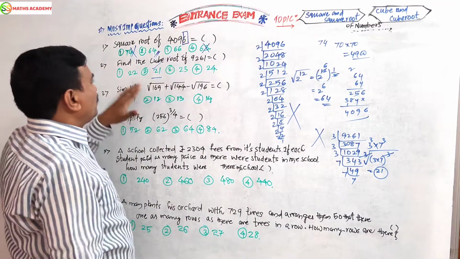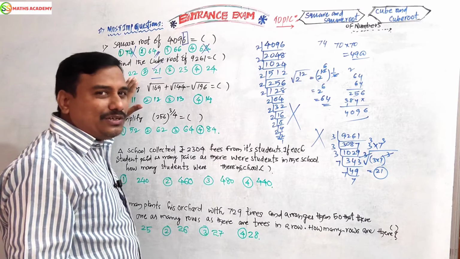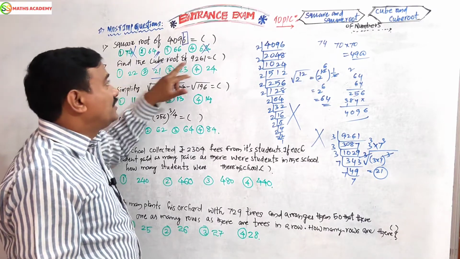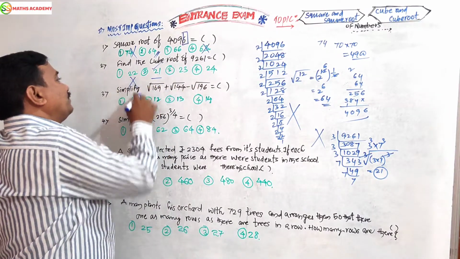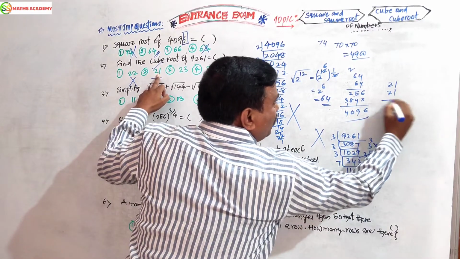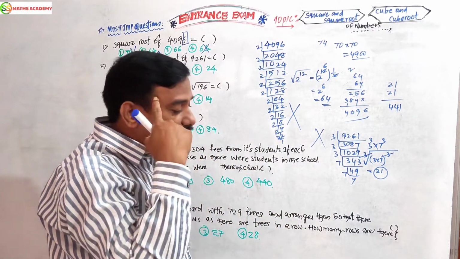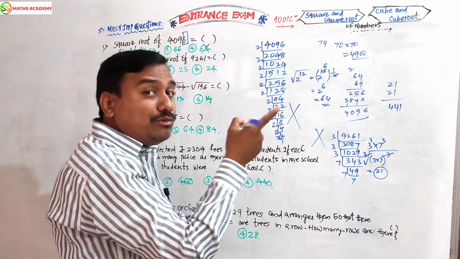First 9,000. This is what? 20 into 20 into 20, 8,000. This is what? 9,000. Option. Next 21. 21 into 21, 441. I told you, the squares of numbers up to 13 should be there in your mind. This you can write directly. Otherwise, multiply it.